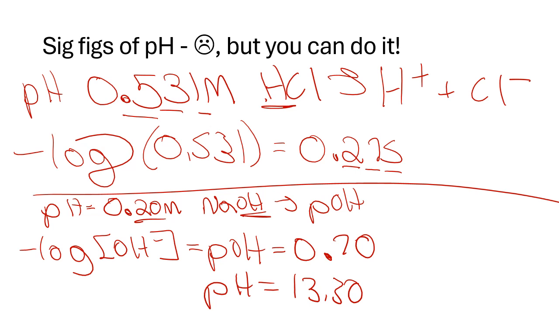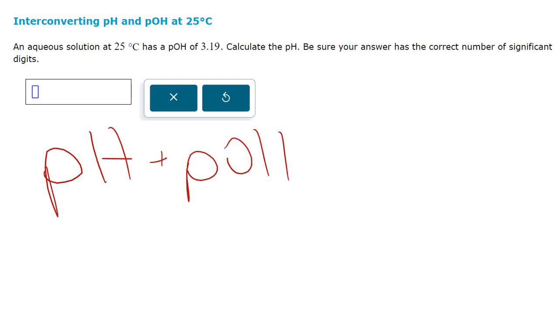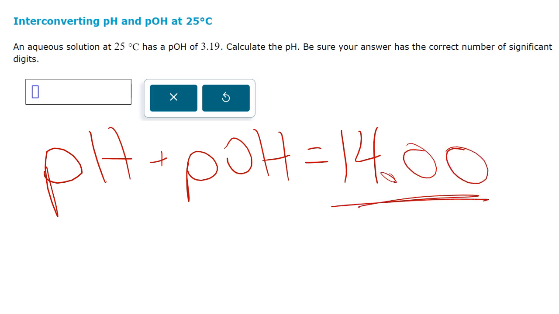And so, all right, here's just an example. Has a pOH, so pH plus pOH is 14. A lot of students got this wrong on their post-lab quiz. So in a sense, 14.00 is an exact number. So we're going to go 14.00 minus 3.19.